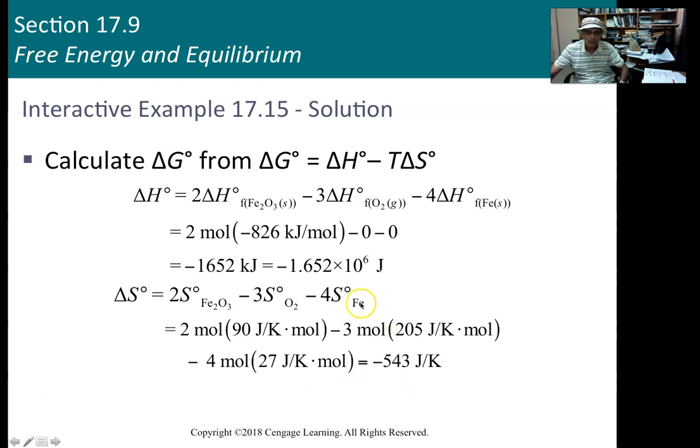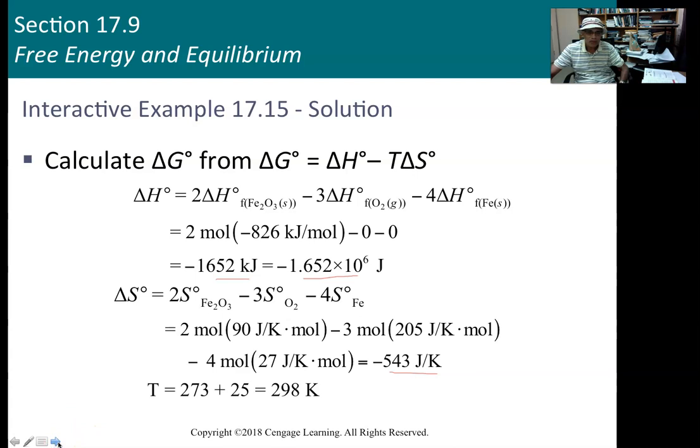We get the two values: the standard enthalpy change and the standard entropy change. Note the units again. This one is given in kilojoules, and now it's converted to joules. As this one is in joules, I have to convert the unit to joules to be consistent.